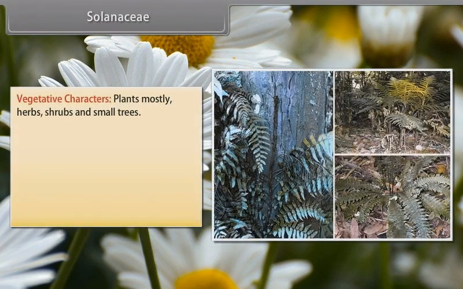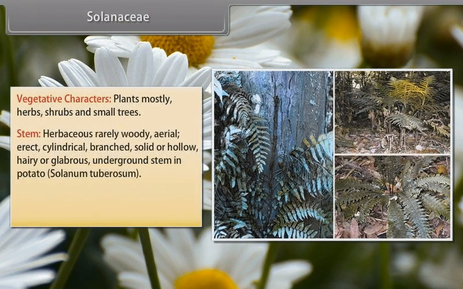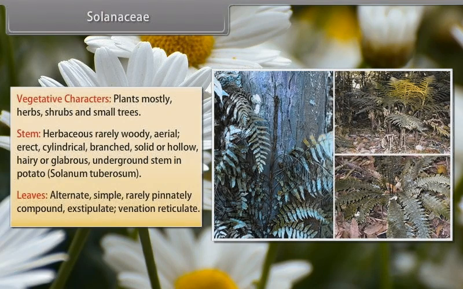Plants mostly herbs, shrubs, and small trees. Stem. Herbaceous, rarely woody, aerial, erect, cylindrical, branched, solid or hollow, hairy or glabrous; underground stem in potato, Solanum tuberosum. Leaves. Alternate, simple, rarely pinnately compound, exstipulate, venation reticulate.